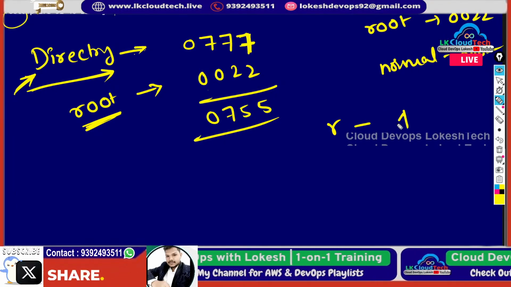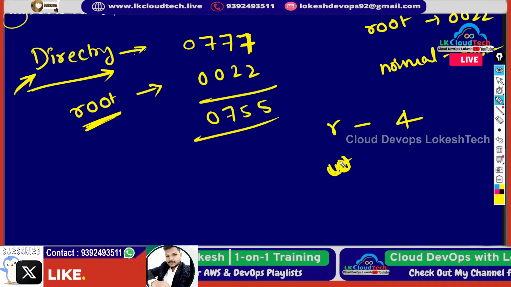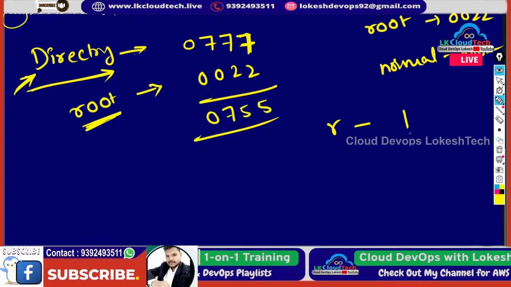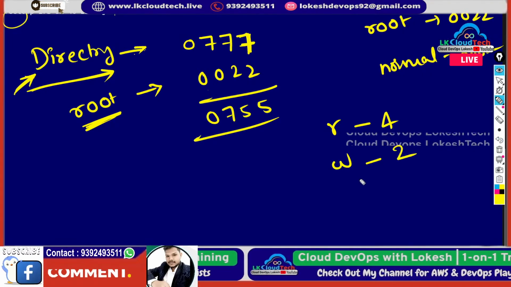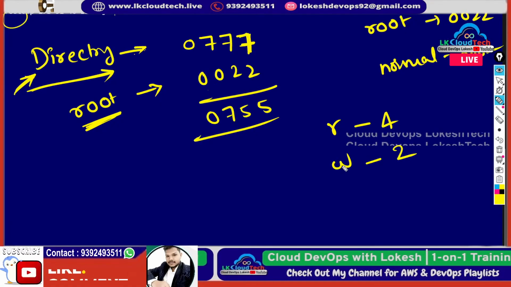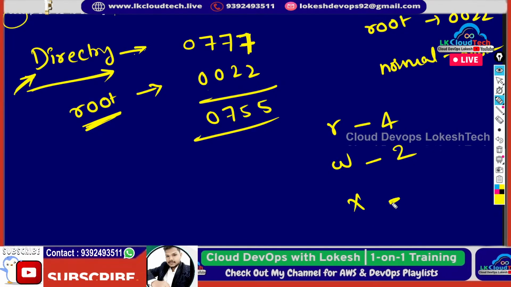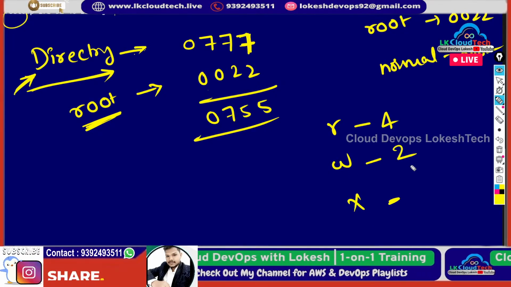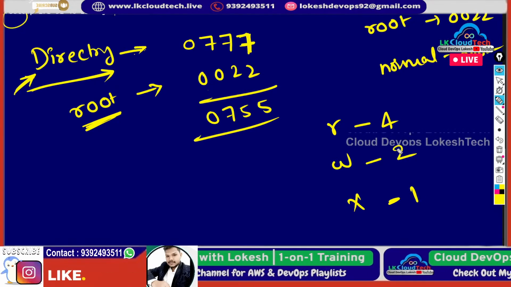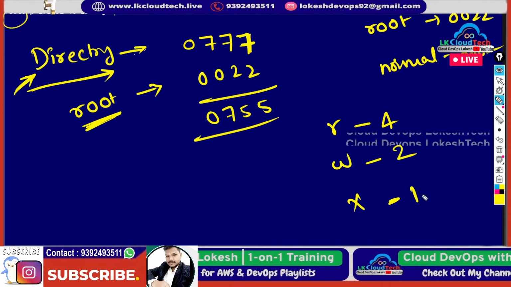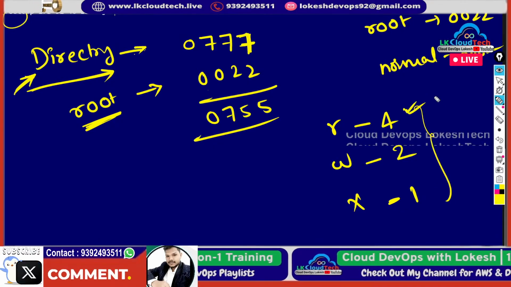Okay, you need to understand the read value. Read value is 4, write value is 2, and execute is 1. Read, write, execute is the sequence. Read means 4, write means 2, execute means 1. 4, 2, 1 are the standard numbers given by Linux.